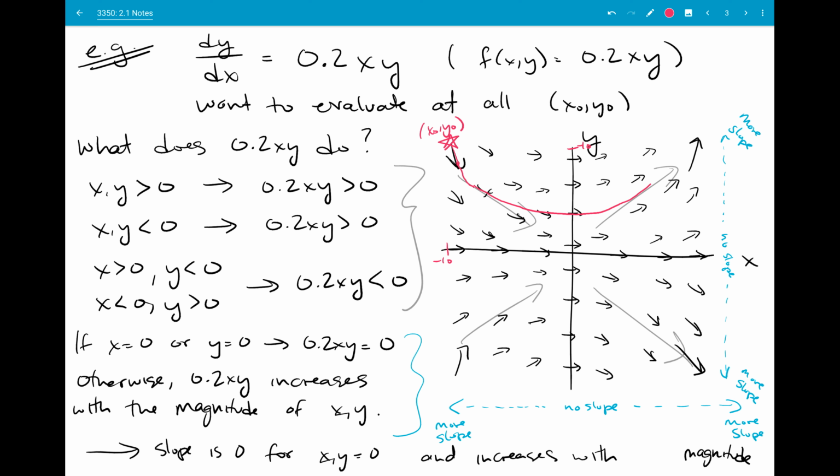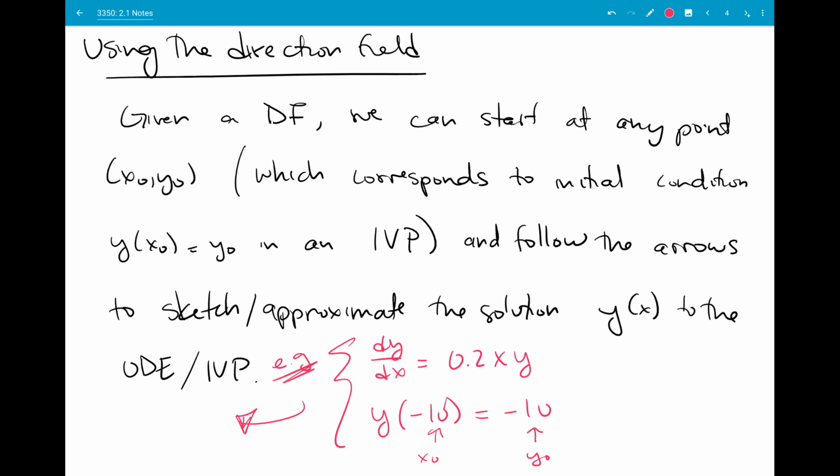Again, this isn't perfect, but the general trend of the arrows tells me that I would eventually do that. Didn't draw that with a very solid line, but that's what it's doing. And so this pink line that I just drew is the solution to the initial value problem. Starting from that -10, -10, I see that it eventually goes through this, I don't know, 10, 10-ish place, and then leaves the graph because I didn't draw very much.